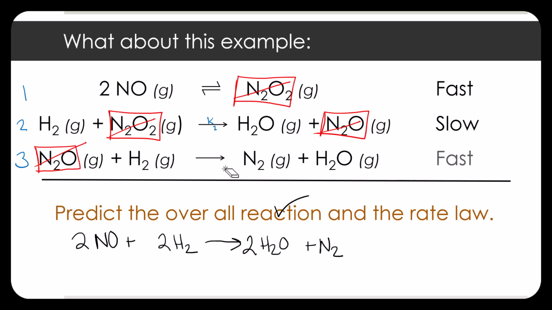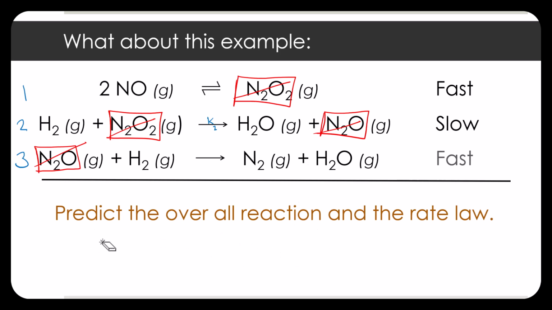So if the rate is determined by the slow step, what we have right now for the rate law is rate equals k2 times the concentration of our reactants: the concentration of H2 times the concentration of N2O2. But there's a problem. That N2O2 is an intermediate, so it cannot be included in the overall rate law.